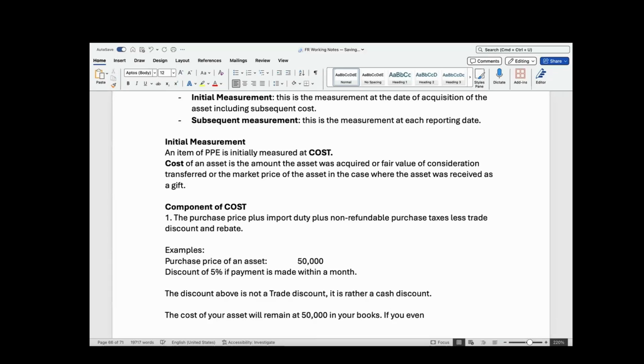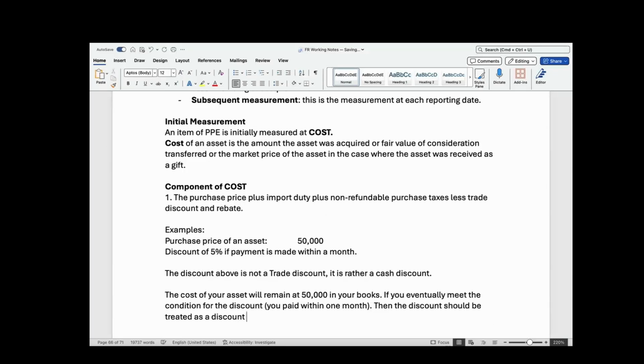So if you eventually meet the condition for the discount, meaning that you paid for these assets within 1 month, then the discount should be treated as a discount received and recognized as an income in P&L.